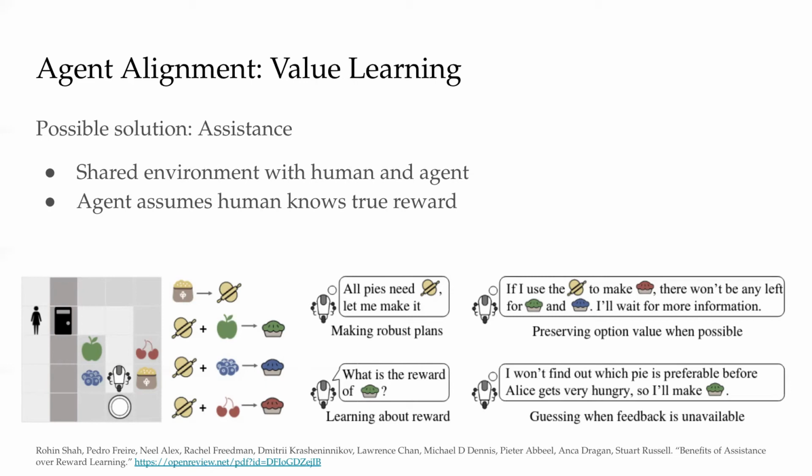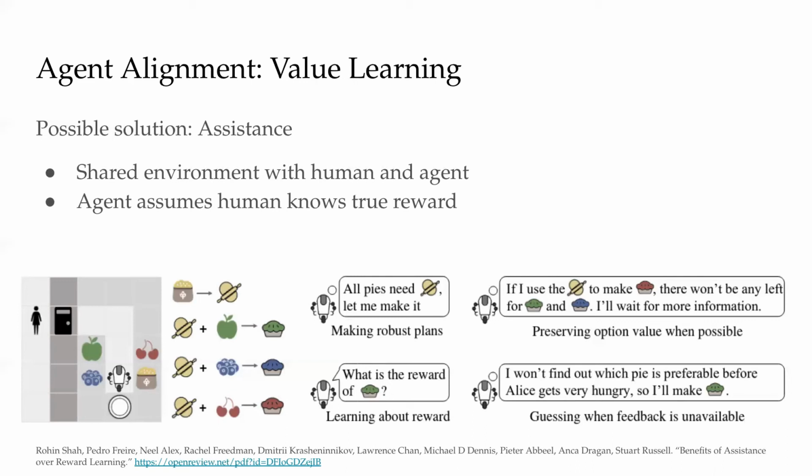The robot knows that the human knows the reward and attempts to infer the reward function from some prior, based only on the human's actions, because that's the only thing that's informed by the reward. So the robot can see what the human does and infer the reward, or ask questions and, when the human responds, infer what the reward function is. But it only starts with the prior and tries to narrow it down.